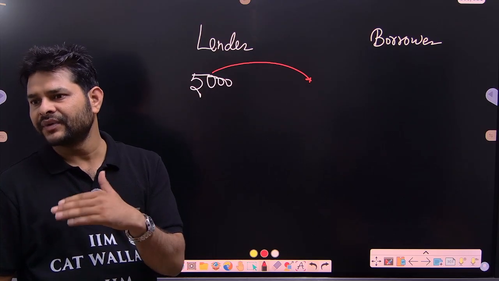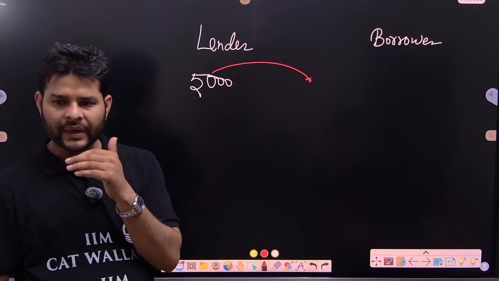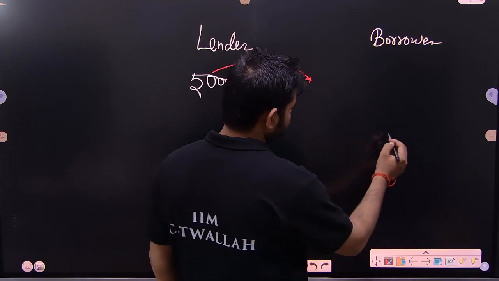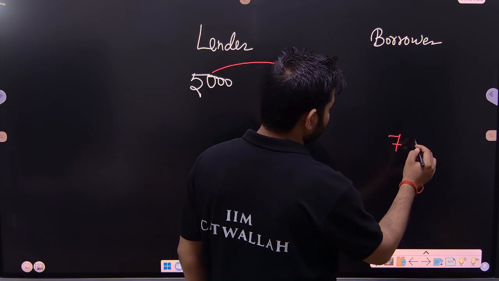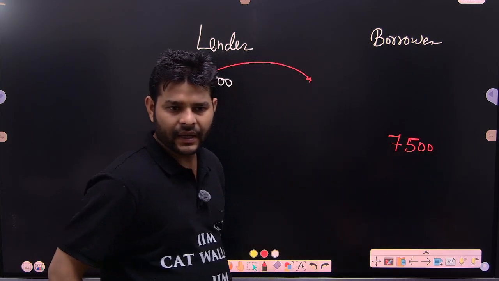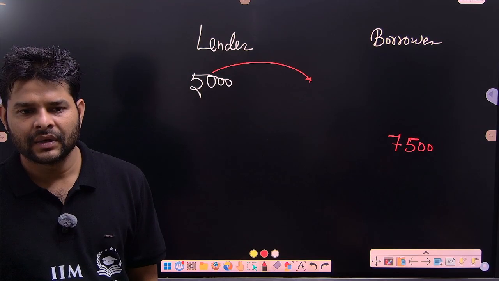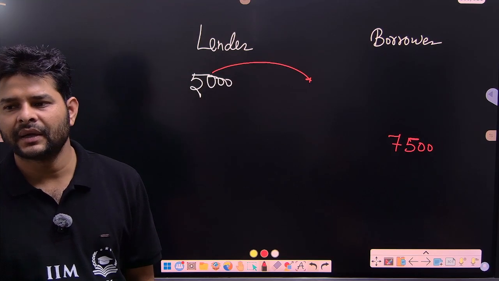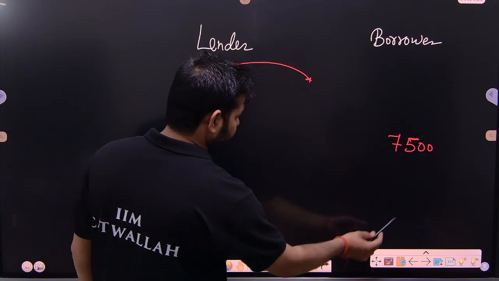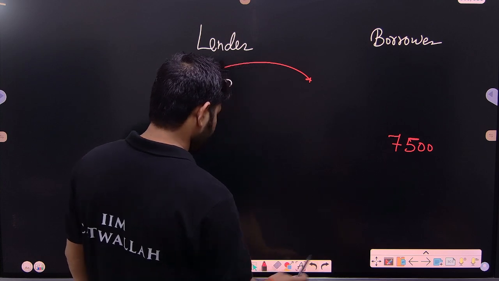So the simple interest of 5 years would be 2,500. So that man will give me 7,500: 5,000 is my principal and 2,500 is my interest. So basically, I need to put that value there.